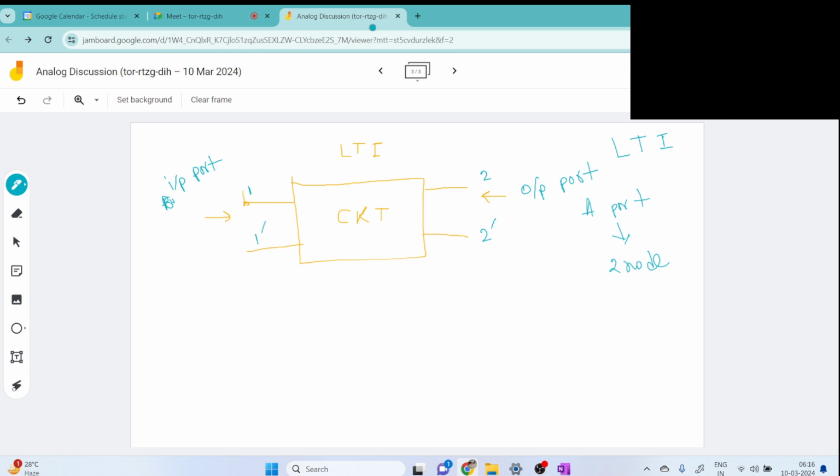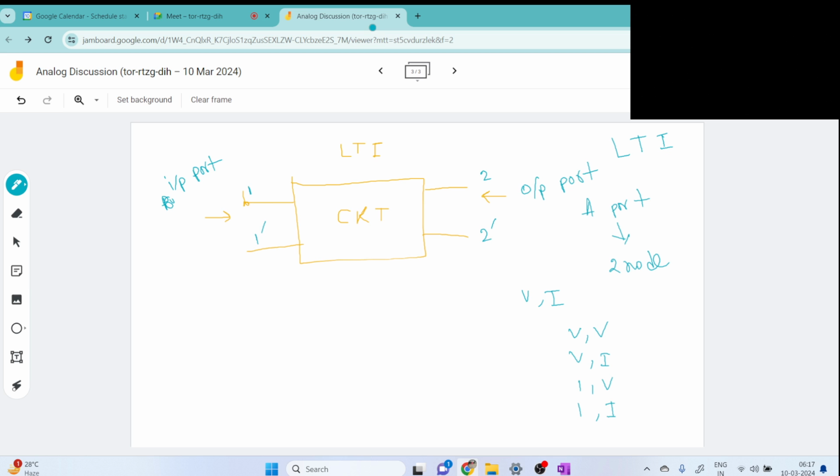We know the two most important electrical quantities are voltage and current. So for the input and output ports, the quantities can be voltage or current.